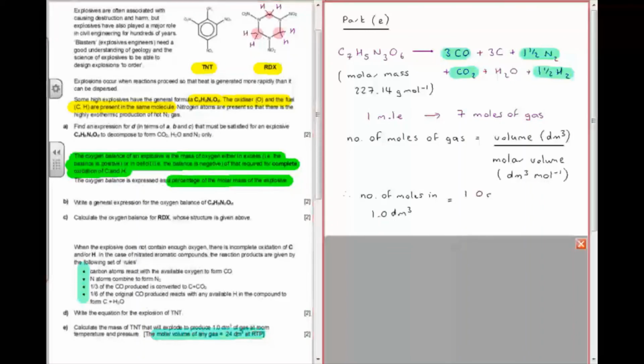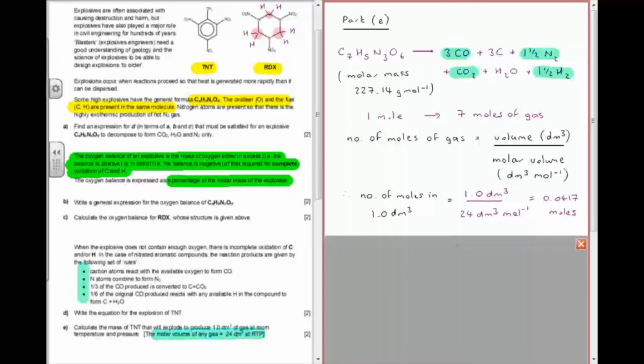So it's 1.0 decimeters cubed, that's our volume of our gas, divided by the molar volume, which is 24 decimeters cubed per mole. And that gives us an answer of 0.0417 moles of gas.